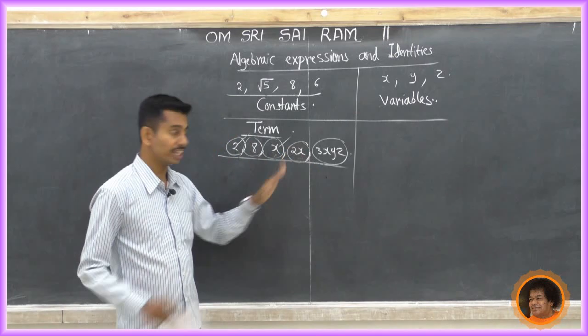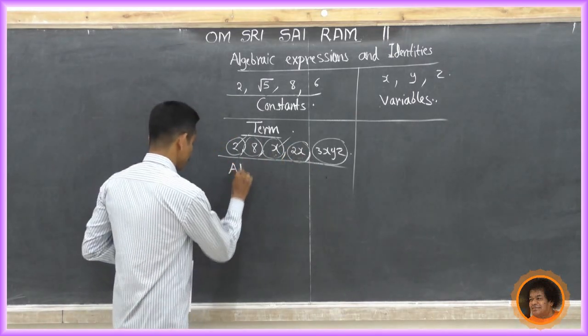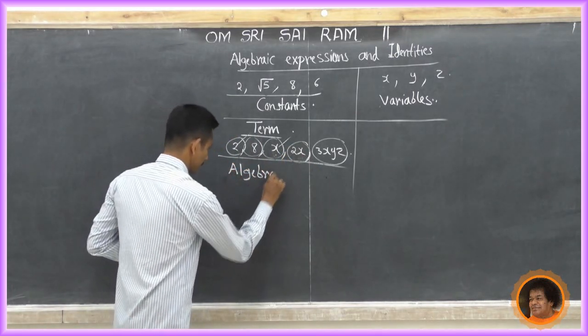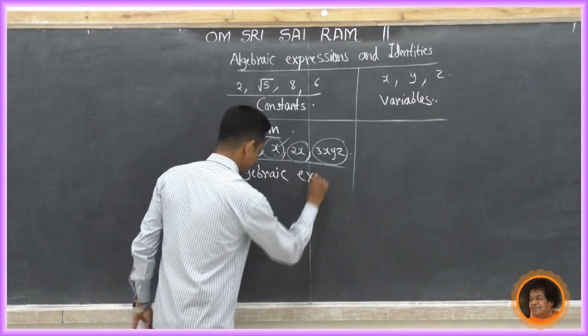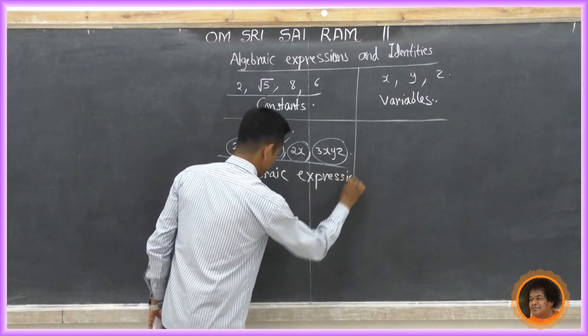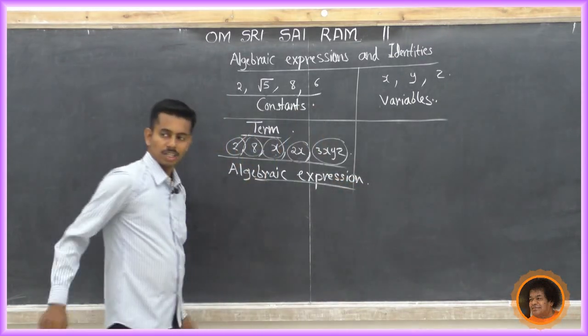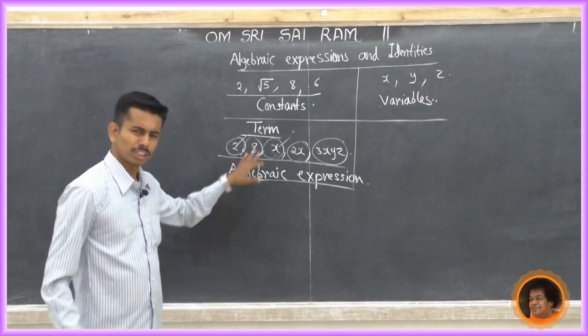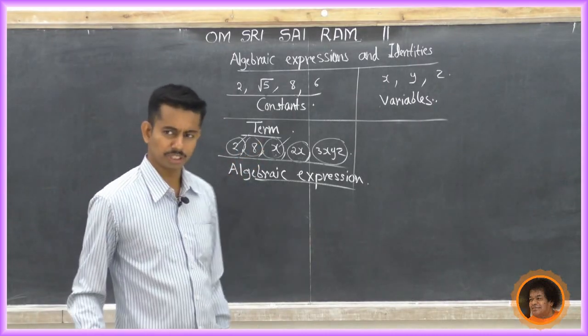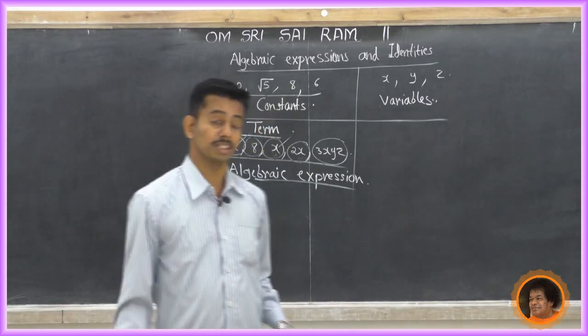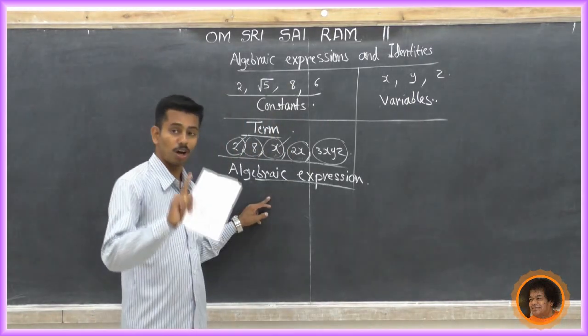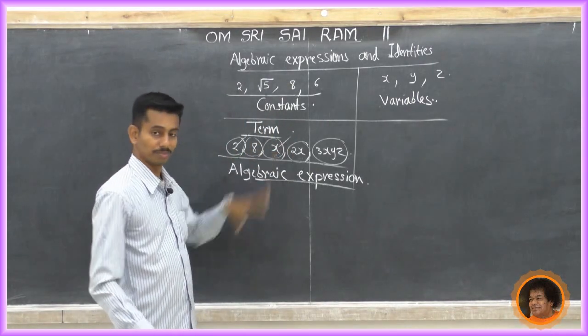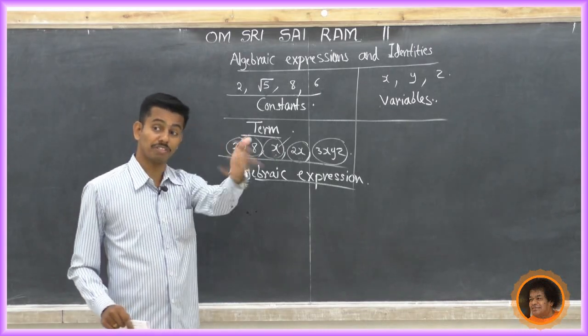It is also an algebraic expression. Then, are all terms algebraic expressions? Yes, all terms are algebraic expressions, but all algebraic expressions are not terms. It is a combination of terms.